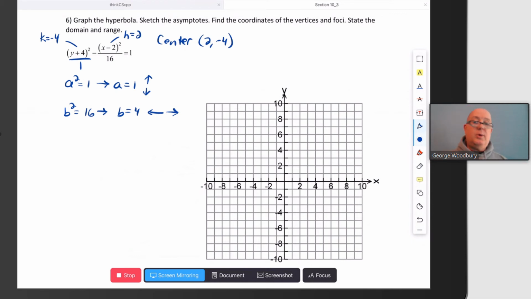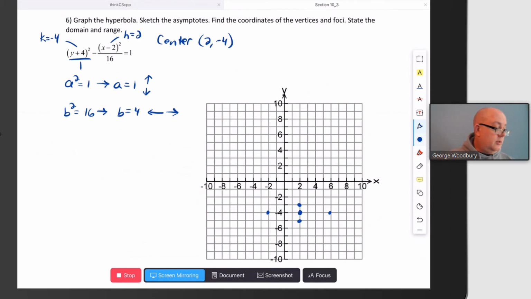And let's start there. By the way, this is the same approach we use for ellipses. Over 2, down 4, put the center on the graph, move 1 in the y direction in both up and down, move 4 horizontally for the constant under the x squared term. And if this was an ellipse, we would just connect those dots.